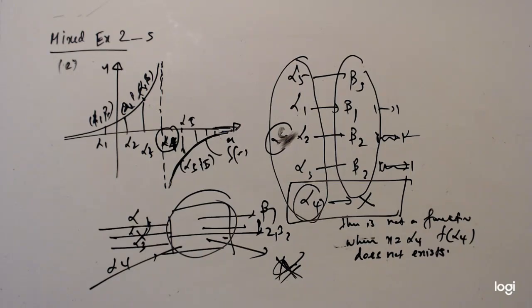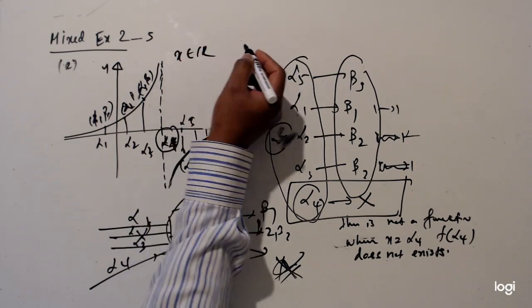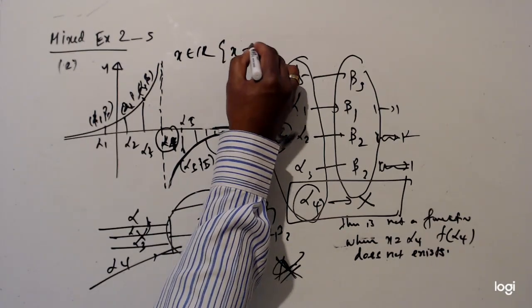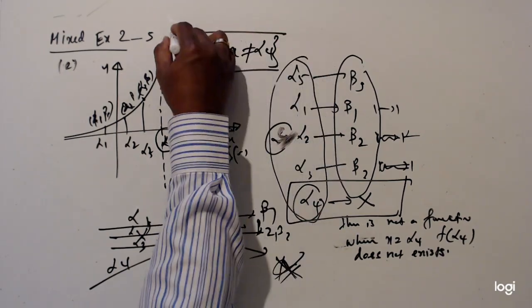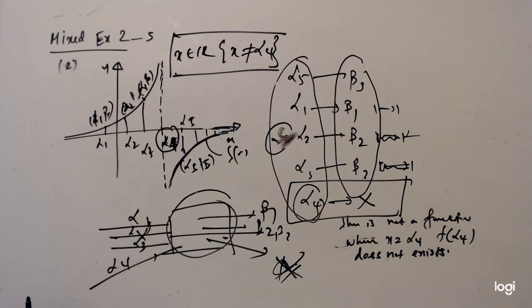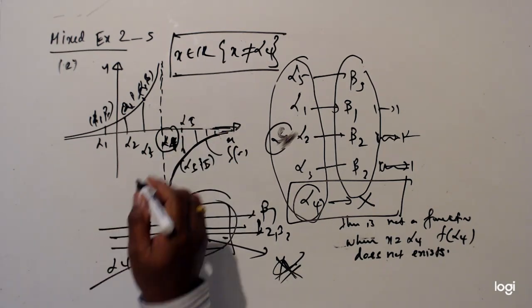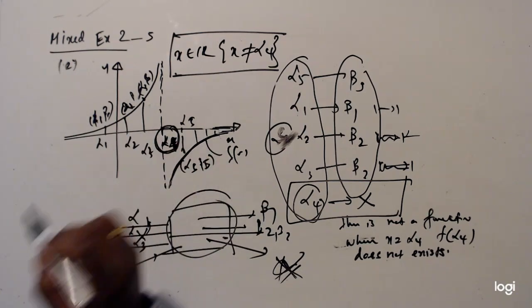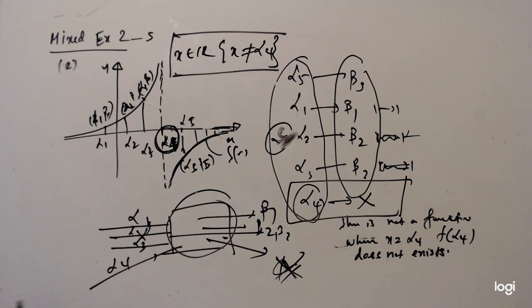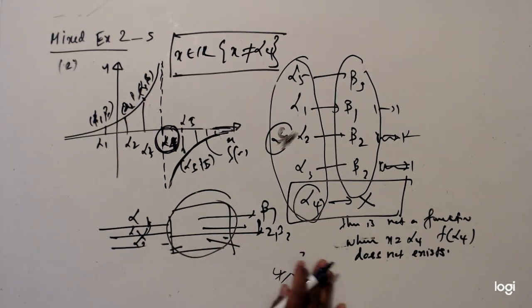Then you have to define domain: x is an element of real numbers, but x cannot be alpha 4. Now this is a function. That's how you make this set up as a function. We took out the problematic domain value, which is alpha 4. In other words, don't put alpha 4 into this machine. That's the guideline given.